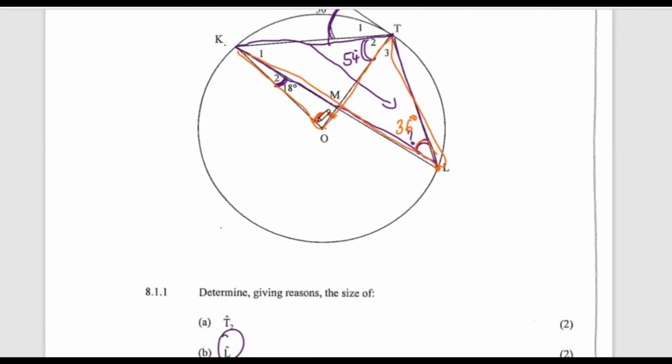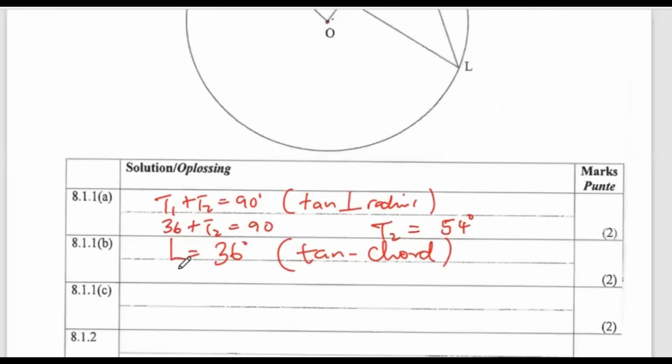So this must be twice of this, because the two angles are being created by the same chord. So which means KOT is 72 degrees. Reason: angle at the center is twice angle at the circumference.